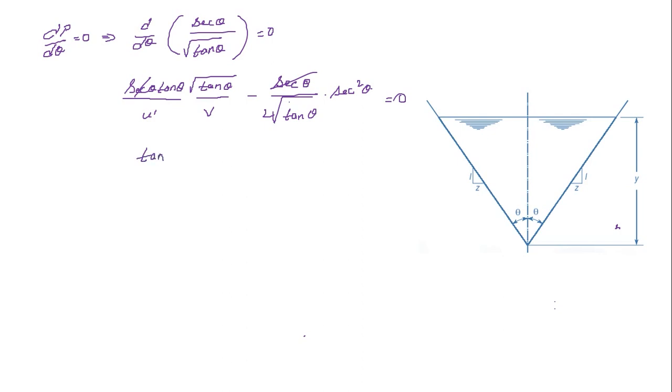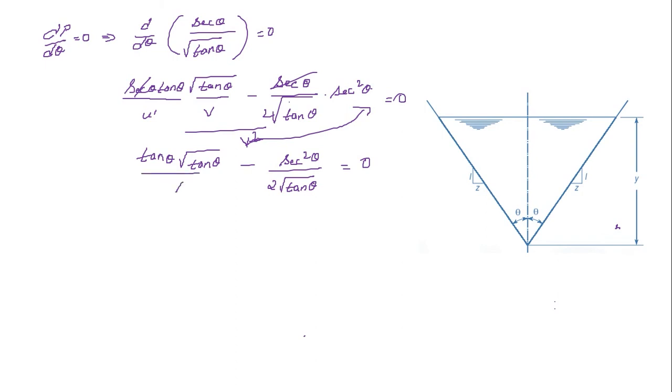Of course, you are going to have here v square, but this v square will go on to this side, so it becomes 0. So whatever is remaining, write it down here. Tan theta into root over tan theta minus secant square theta divided by 2 root tan theta equals to 0.